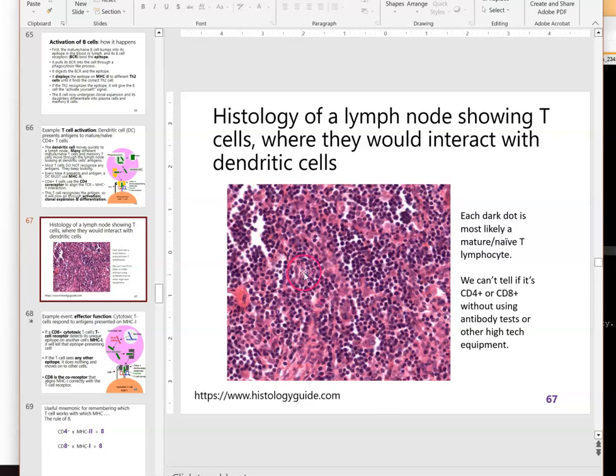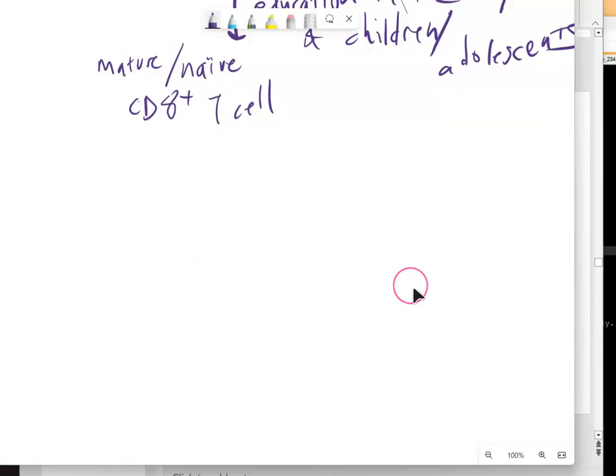Every little dot in here is a lymphocyte, and towards the middle of the lymph node, these areas with all this tissue, to my understanding, this is where dendritic cells show antigens to mature naive T cells. This is where dendritic cells try to activate T cells. And every little dot here is a lymphocyte. And there are so many in every lymph node. And they're all hoping that they will get activated. They're all hoping they will recognize an antigen.